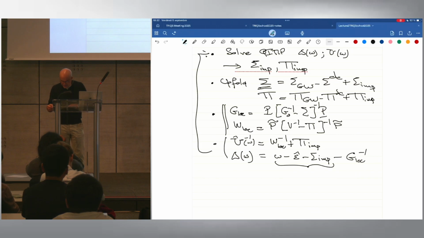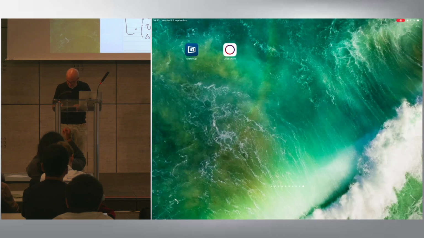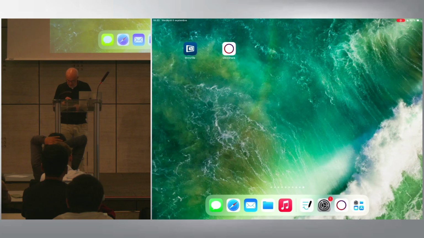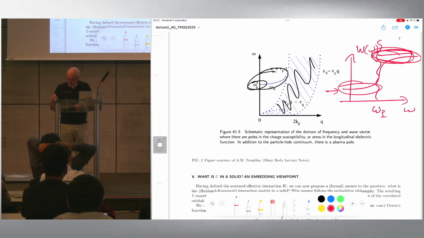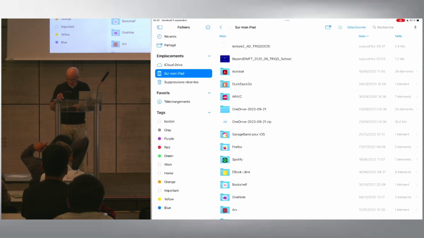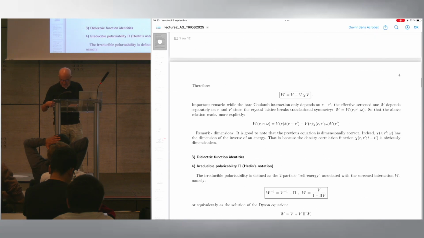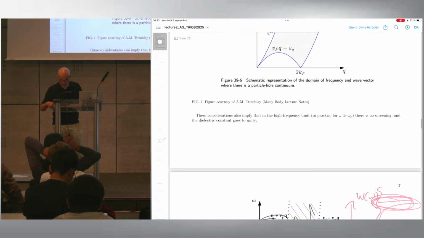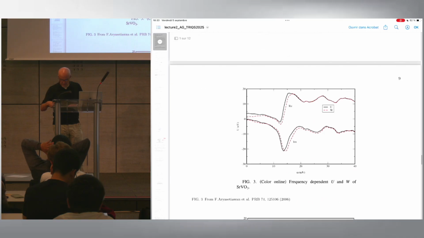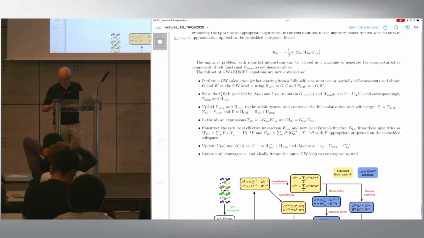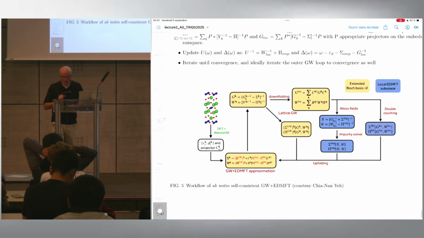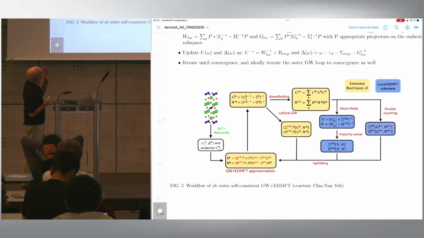So I have borrowed a little slide from Chanan, if I can find it here, which sort of illustrates that self-consistent loop. This is just putting in a graph what I described before.